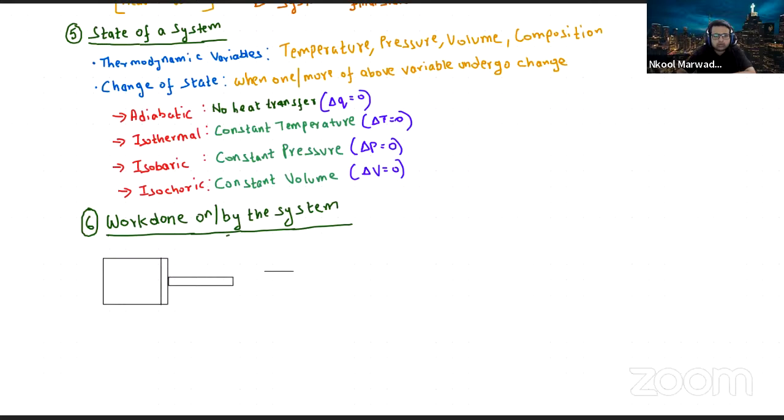I am just drawing it. This is a kind of container we have, and this piston we can compress it, stretch it. So this is the system.